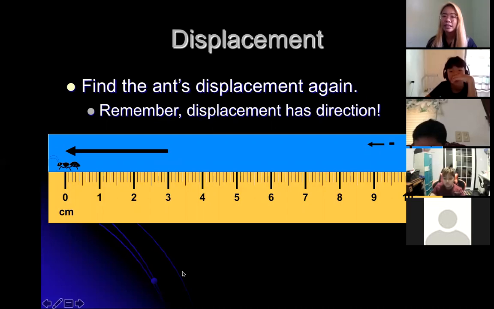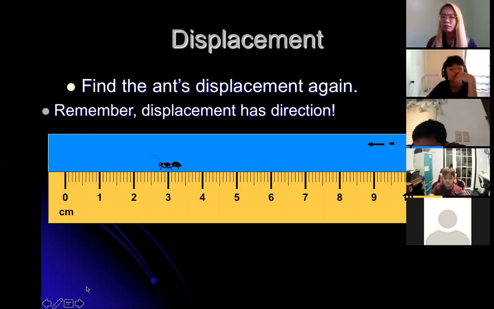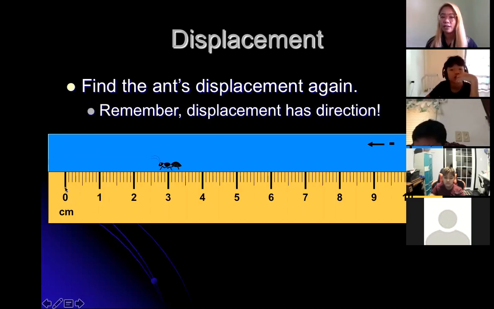What is the distance traveled by the ant? Di ba? Una, 3 centimeters. Nagsimula siya sa 0, di ba? And then it went here. And then from here, it went back. So ano daw ang distance traveled niya? 6 centimeters. Okay, so 6 na siya.